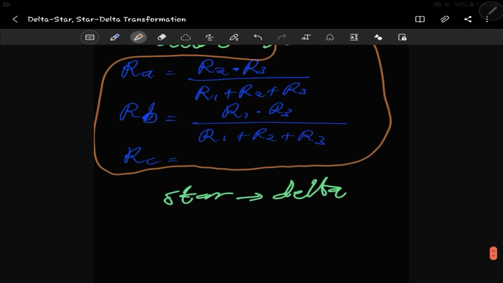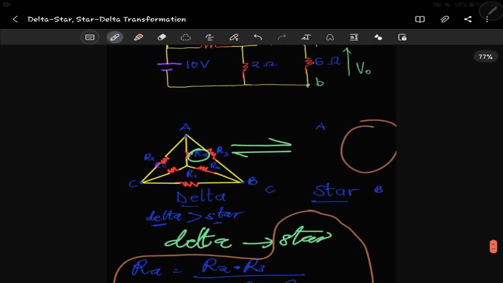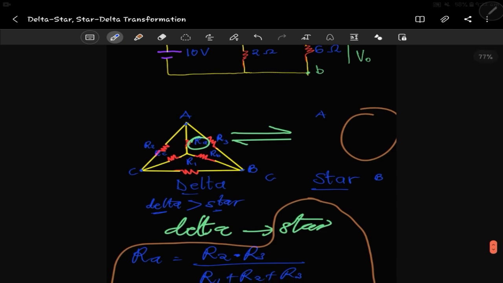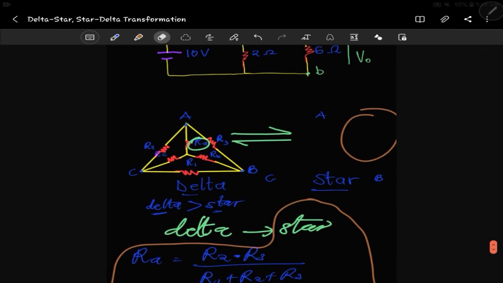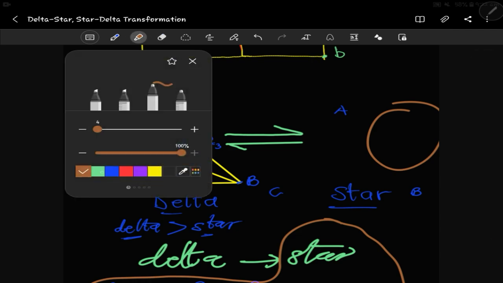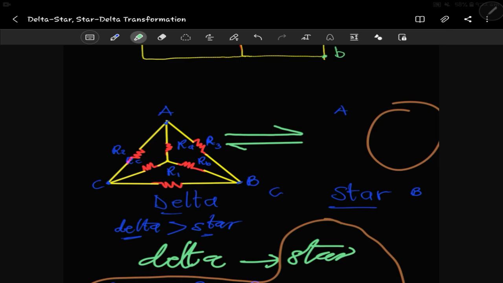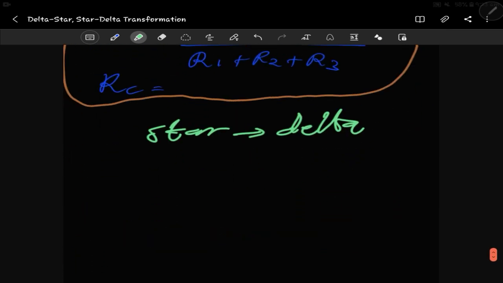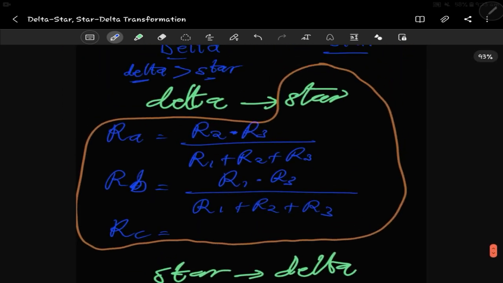So if you are trying to find the first delta value, let's say R1, which is this R1, right? What this says, when you're converting from star to delta, is that you're finding R1, and we have a numerator here.